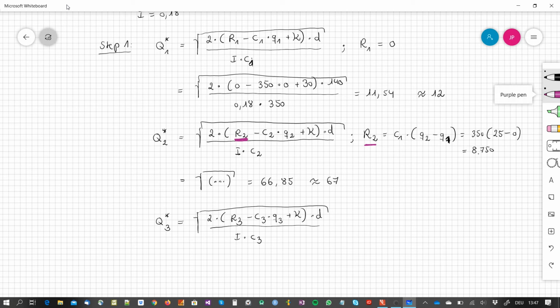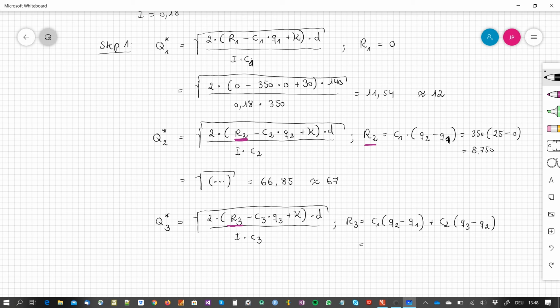Now we need to take care how to get the R3. And R3 is given as follows. We have now C1 and the quantities for that price. Then the price for the quantities that lie within the next interval that we need to regard. These are all.